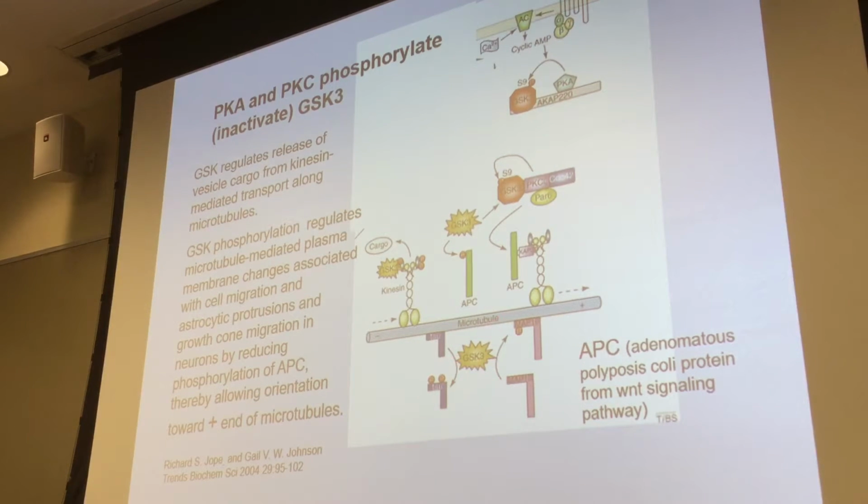One is tau and one is MAP, microtubule associated protein 1B. These are proteins that allow the breakdown or the production of new microtubules. So they're rather important, and they're regulated by our glycogen synthase kinase.